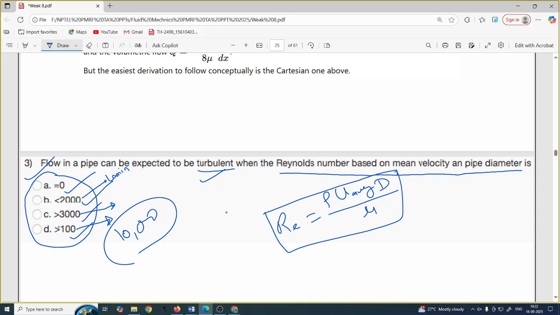So actually the formation of the options is not correct, but we can go with option C. Maybe it is expected to be turbulent flow. Actually here it should be at least 4000, so the option is not correct. But if you get such a type of question, you will go with option C. Remember please.